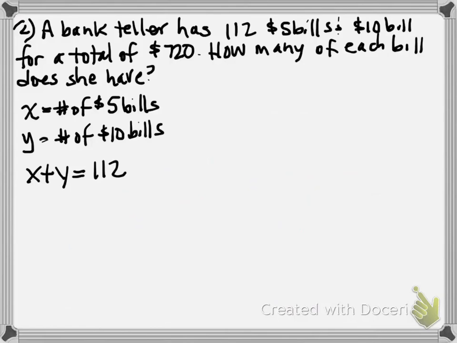Now, how would I write the equation that deals with value of the bills? Amanda C. You would do 5x plus 10y equals 720. Very good. One $5 bill is worth $5. x amount of $5 bills are 5x. Okay, and so the value of our bills are going to add up to equal 720.